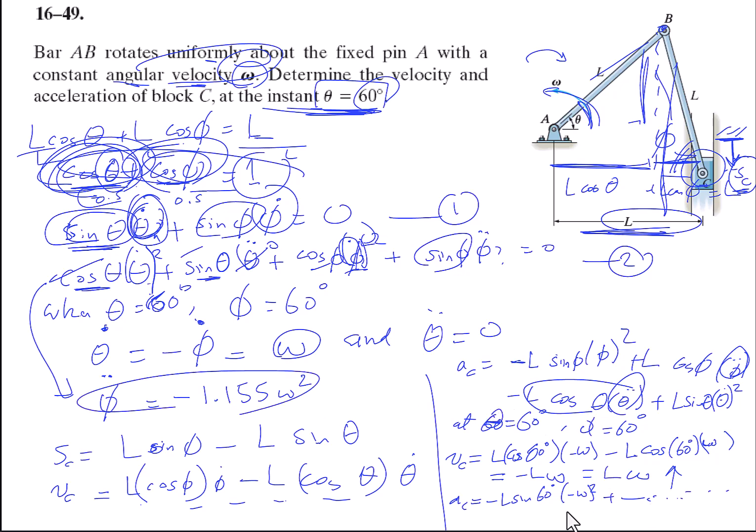So you do all the substitution and you will get that this is equal to minus 0.577 L omega squared. This is minus, so this is going upward. So lots of geometric relations, and we want to relate basically the velocity with angular velocity and angular acceleration.